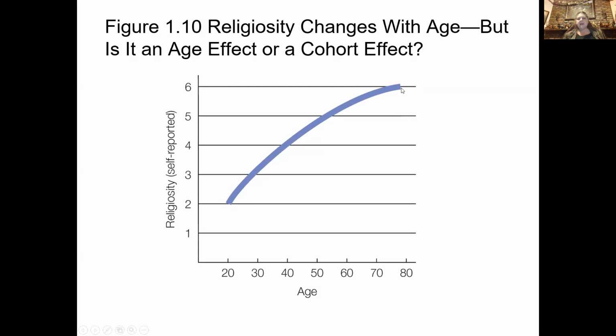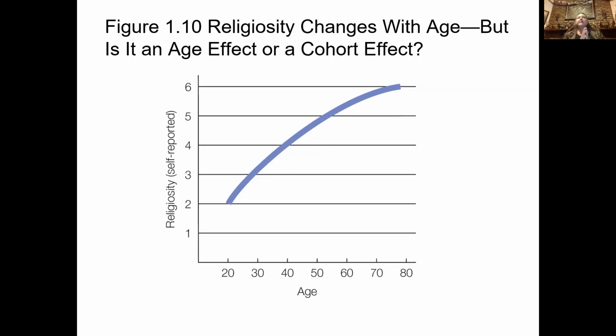Say you have somebody that's 80, 90 years old and they lived through the Depression or the end of the Depression, and they're impacted by that. They're going to have a much different experience than somebody who came of age in the 60s.